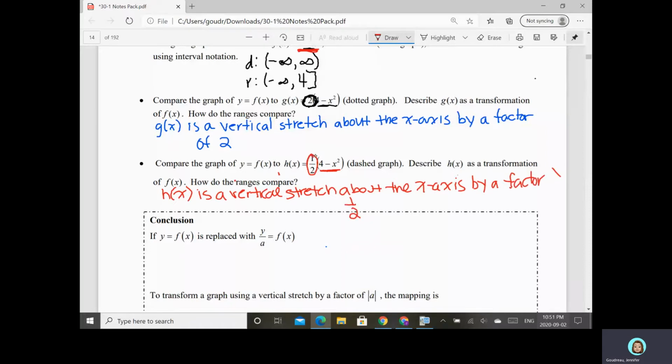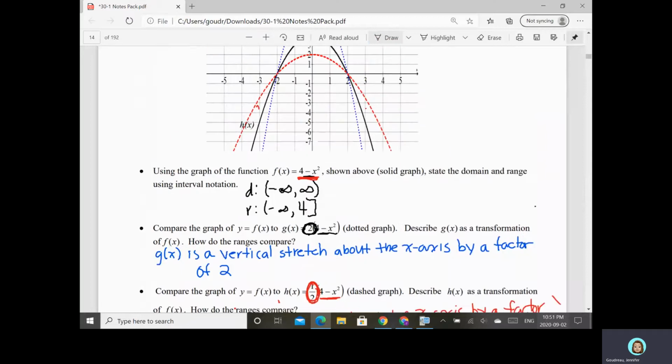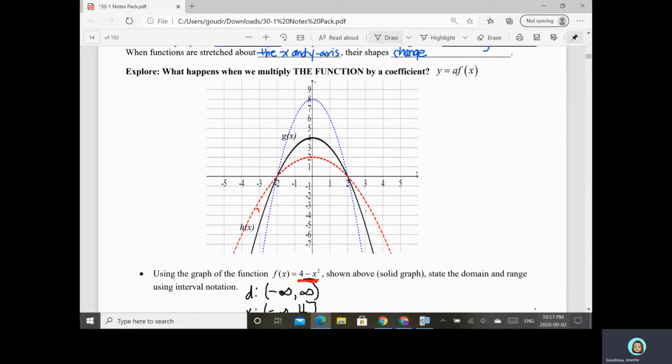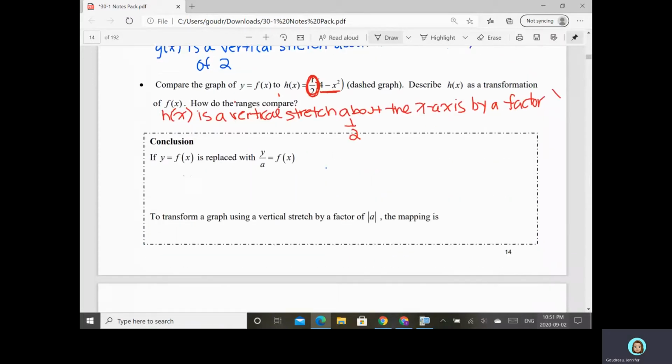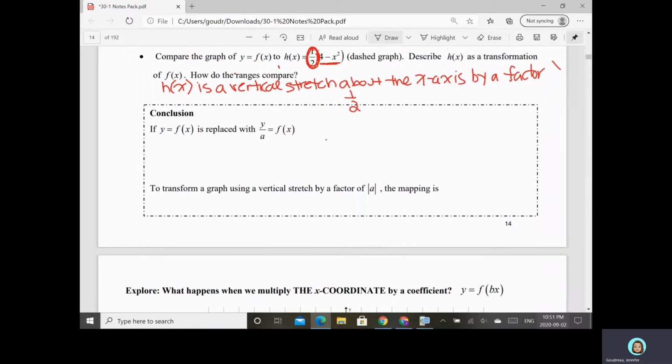Well, our coefficient is 1/2, and we recognize that h at x looks half as tall as g at x, or of f at x. So our conclusion then, when we put that coefficient in front, is that we are going to have a vertical stretch.